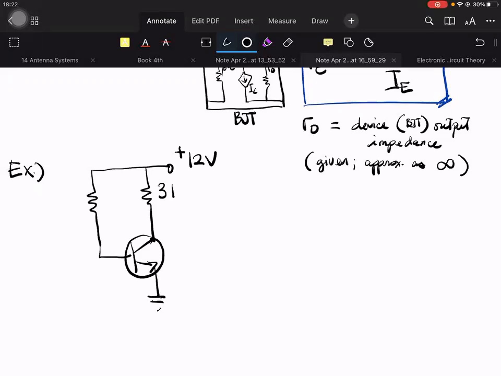RC is 3 kilo ohms. RB is 470K. So beta is 100 and RO is 50 kilo ohms.